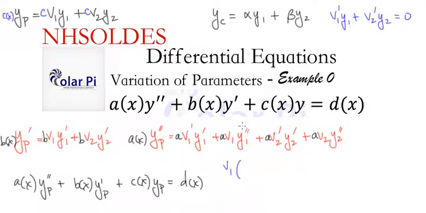Those would be this guy right here, this guy right here, and then this guy right here. Then once we take out the v1 from all three of them, look at what we have.